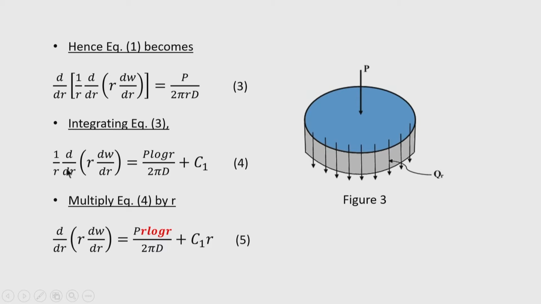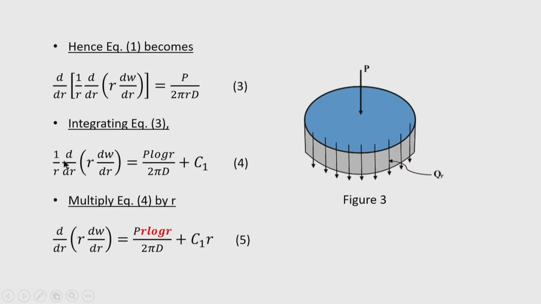So, what can I do? I eliminate 1 by r, that means I multiply both sides by r. Then the right hand side will have no differential coefficient involved, so whatever the order or degree of r on the right hand side, it will not give trouble for integration.